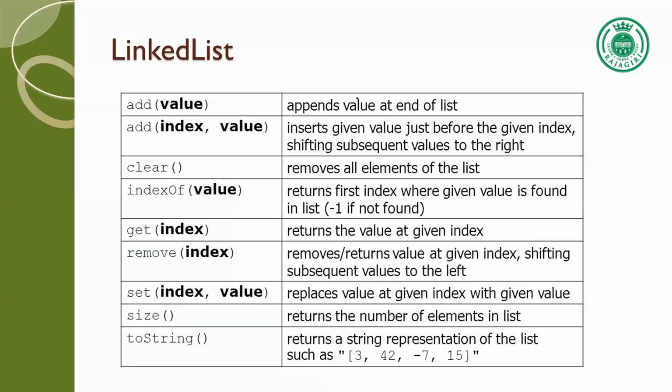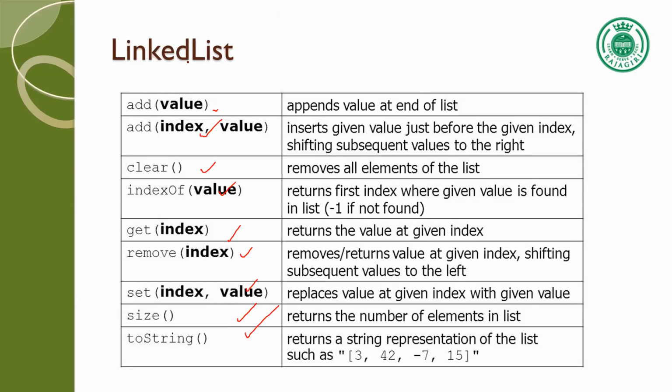You can add a value, add a value at a particular index, clear it, find the index, get the index, remove, set, calculate the size, and even convert it to a string. These are the methods supported for a linked list in Java.